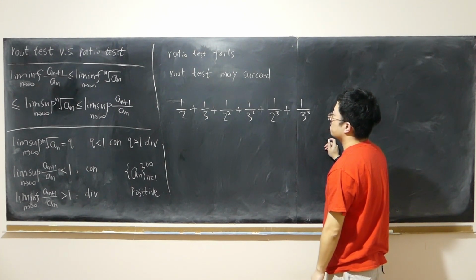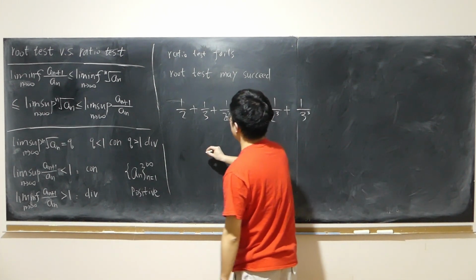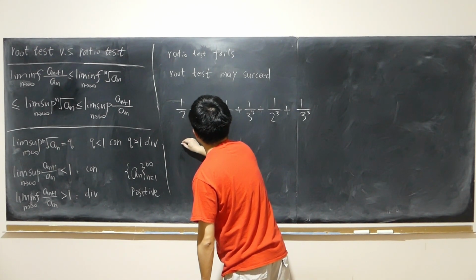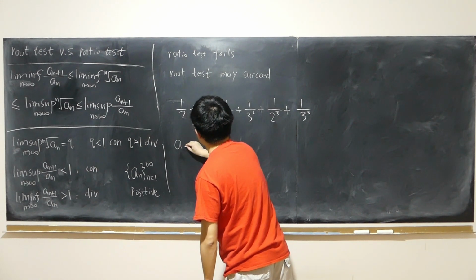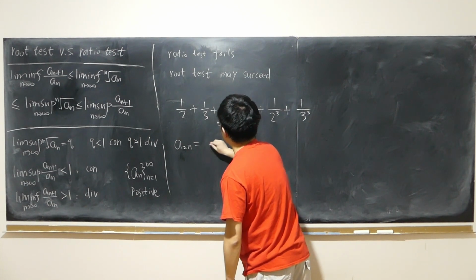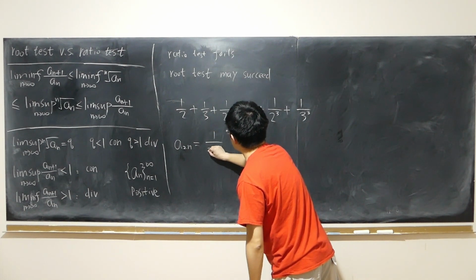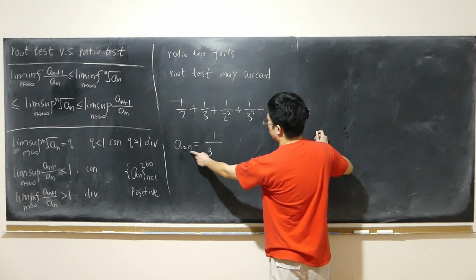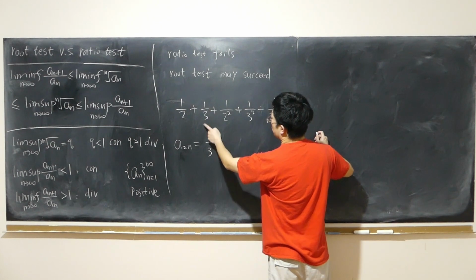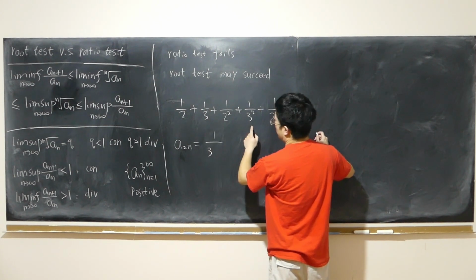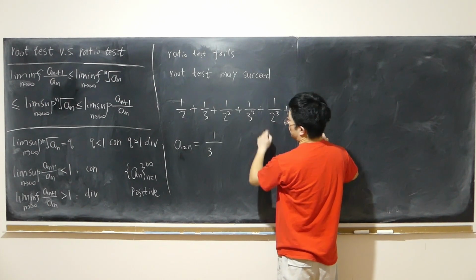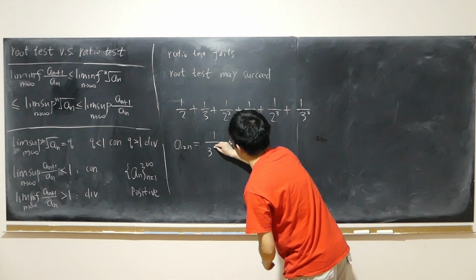So generally speaking, for an even term, a2n can be expressed as 1/3 to the power of n. If n is 1, we have a2, power is 1. If n is 2, we have a4, power is 2. So it's 3 to the power of n.